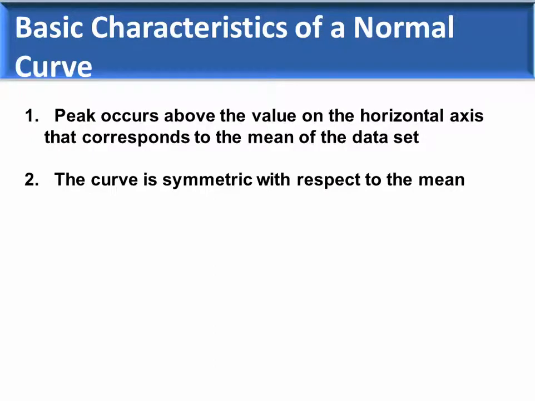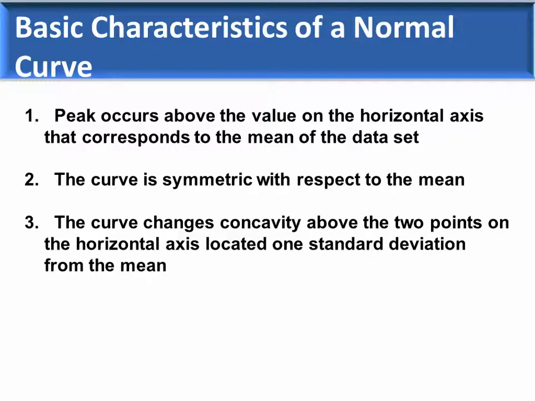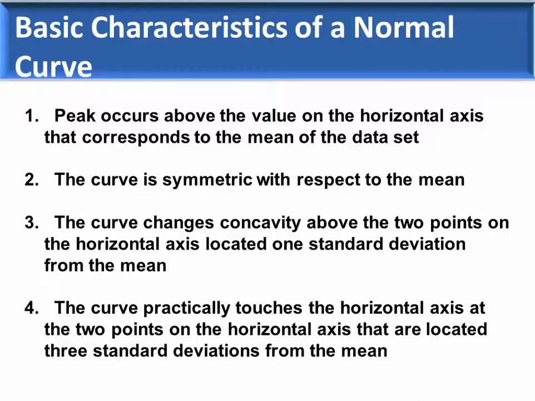And the curve is symmetrical with respect to the mean. The curve changes concavity above the 2 points on the horizontal axis located 1 standard deviation from the mean. That's where it goes from concave up to concave down. And it practically touches, but doesn't quite touch, the axis 3 standard deviations away from the mean.